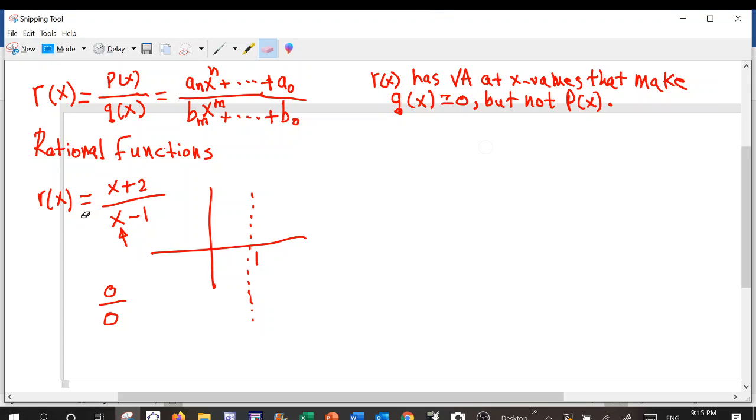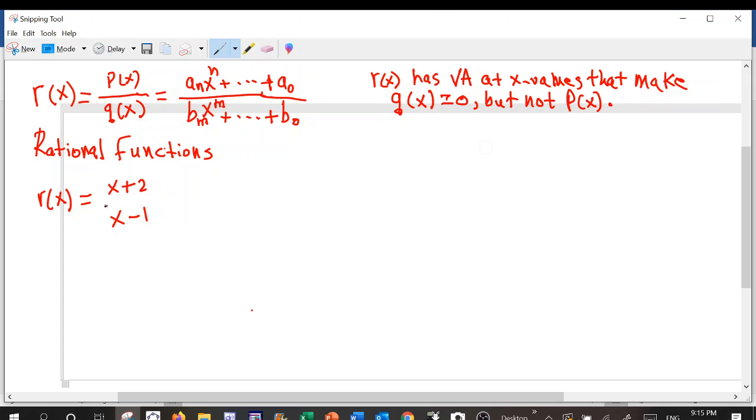That means if we cancel that factor, we might actually get something. So that doesn't mean undefined. If the denominator only is 0 and the numerator is a number, then the function has vertical asymptote at those values, but not if 0 over 0. I'm going to talk about what we have if we get 0 over 0. But for now, we have vertical asymptote only when the denominator is 0, and I gave you an example for that.